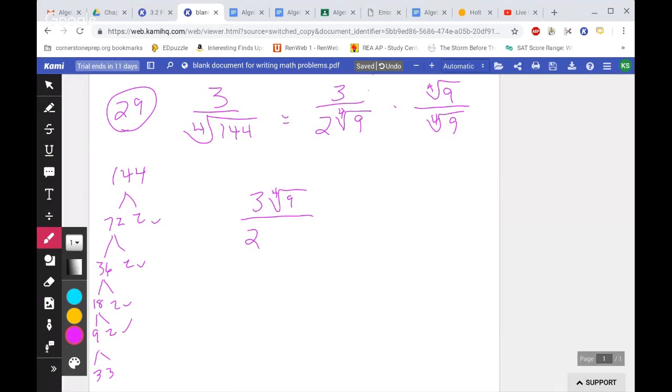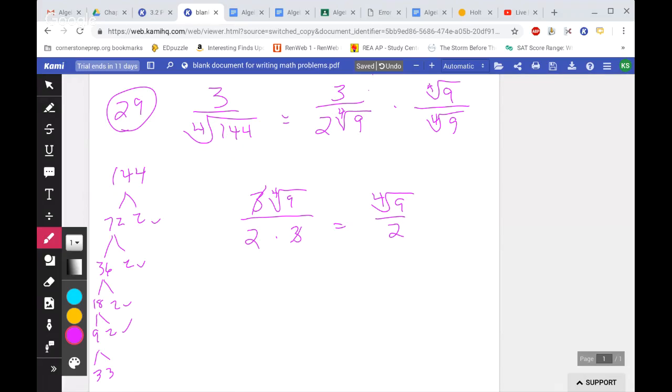I've got 2 times the 4th root of 9, that's 3. And so now this actually cancels. So I've got the 4th root of 9 over 2.